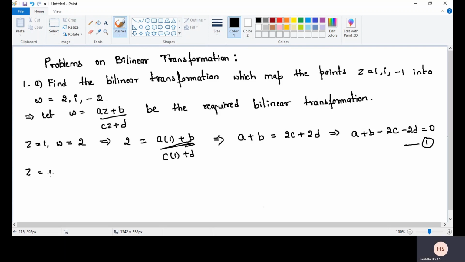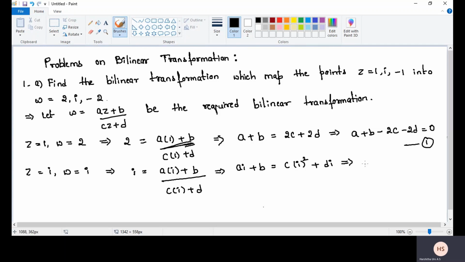Second point, z is equal to i, w is equal to i. i is equal to a into i plus b divided by c into i plus d. That implies ai plus b is equal to c into i whole square plus di.